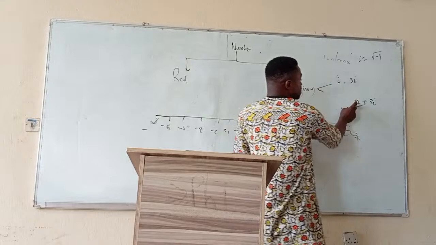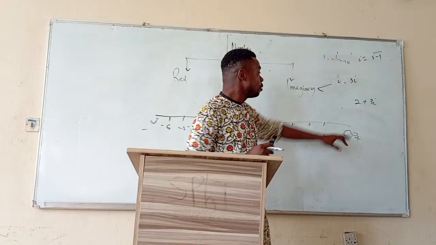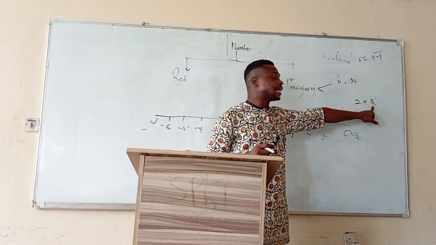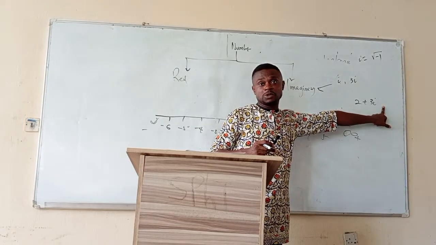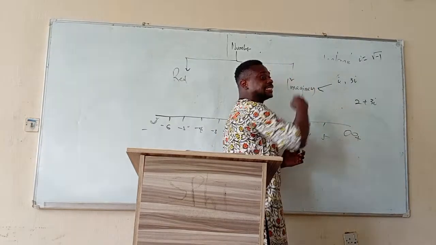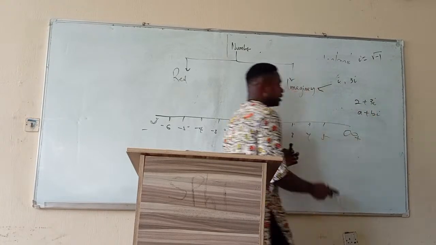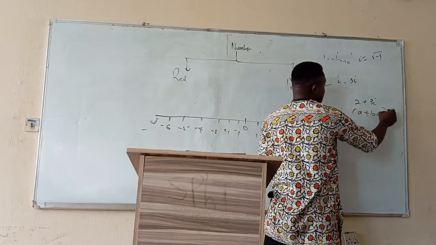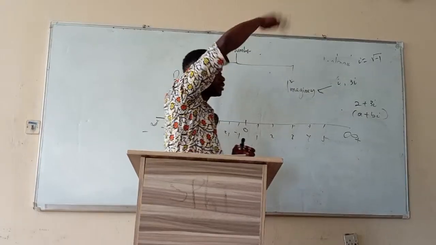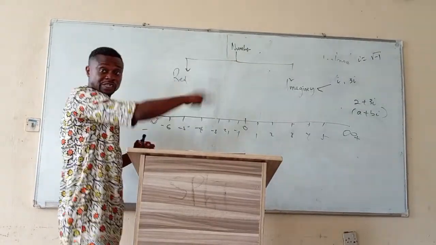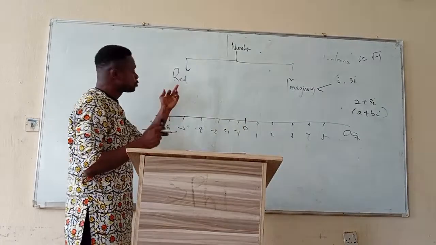This is a complex number. This side is real. This side is imaginary. Are we together? So generally, you see something like a plus bi. This is a complex number. We don't have much to do with them. I just mentioned it, but our focus is more on real numbers.